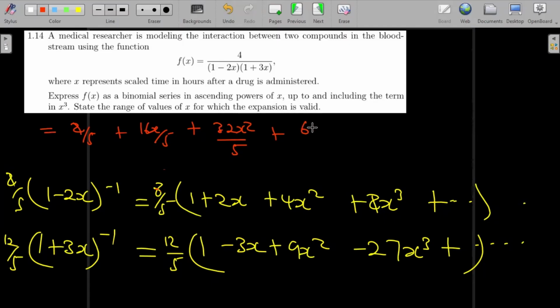That is 64x³/5. So this is for the first expansion, this one here.